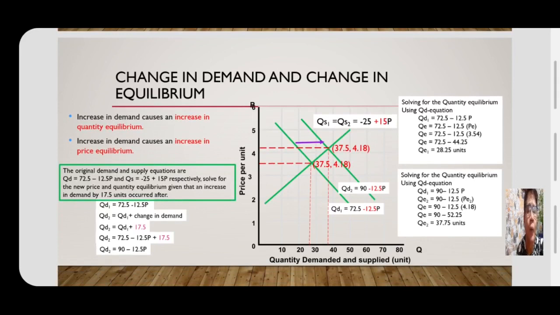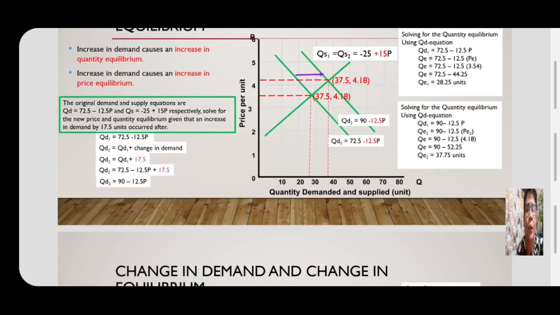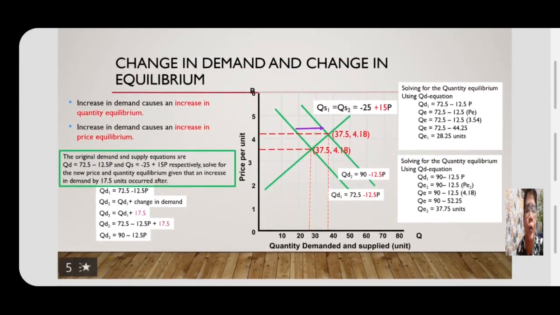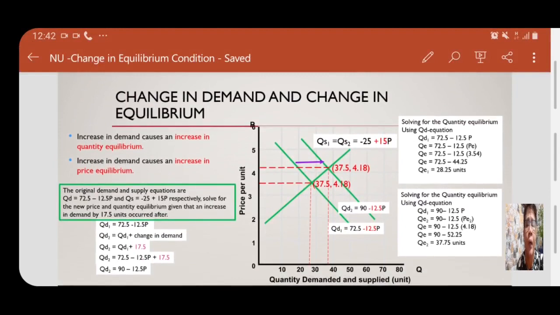This is just the summary. So to sum up, an increase in demand causes an increase in quantity equilibrium, while an increase in demand causes an increase in price equilibrium. That is to say, change in demand and change in equilibrium condition are directly related.